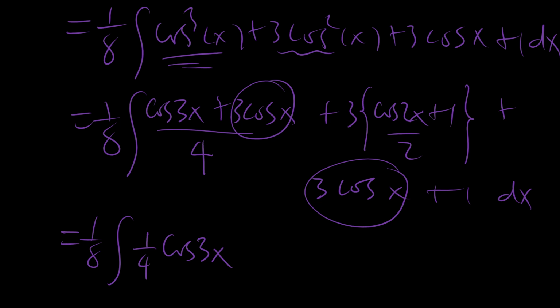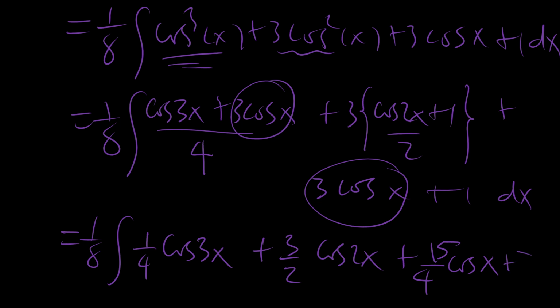So let's take this first. This is the same as 3 over 2 cosine 2x, and then 3/4 plus 3. 4 times 3 is 12, so we have 15 over 4 cosine x. Then we have 3 over 2 plus 1, that is 5 over 2.